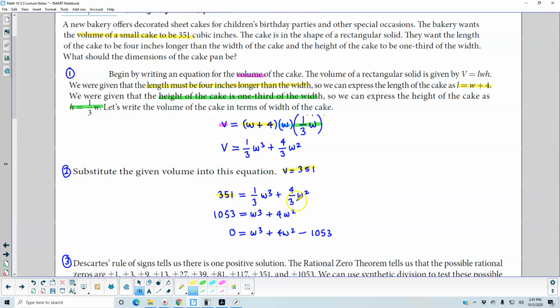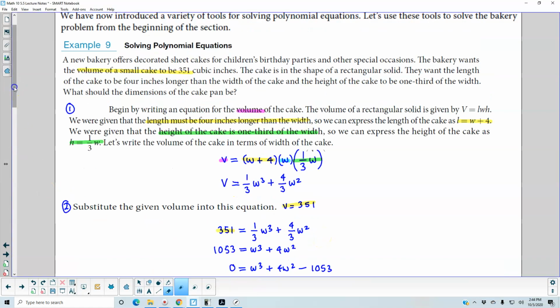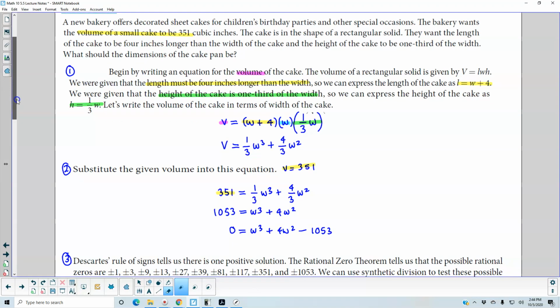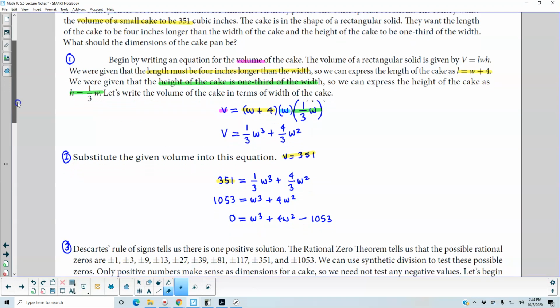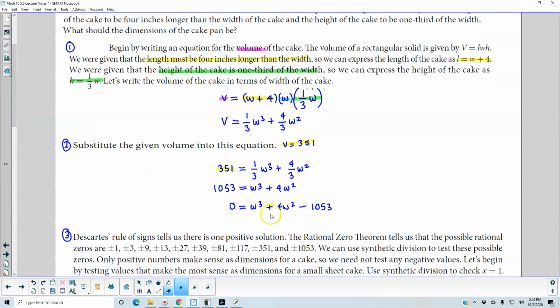We want to get rid of the denominator of 3, so we multiply this entire equation by 3. 3 times 351 gives us 1053, which is equal to W cubed plus 4W squared, because it eliminates the denominators. Then we subtract 1053 from the right side, and we have the equation W cubed plus 4W squared minus 1053.